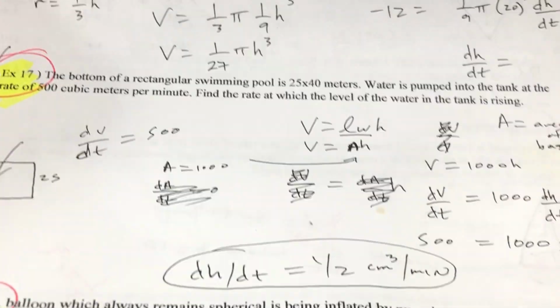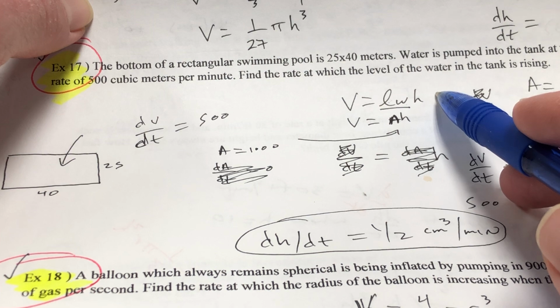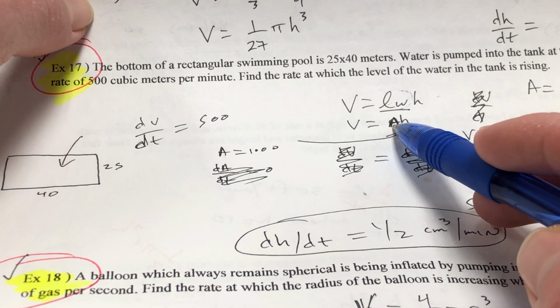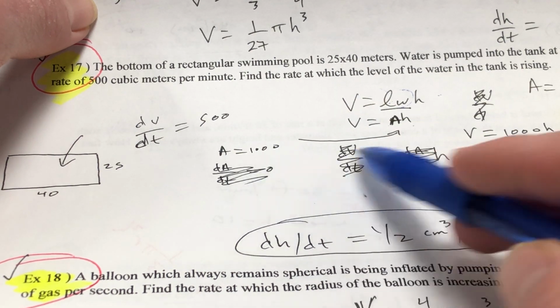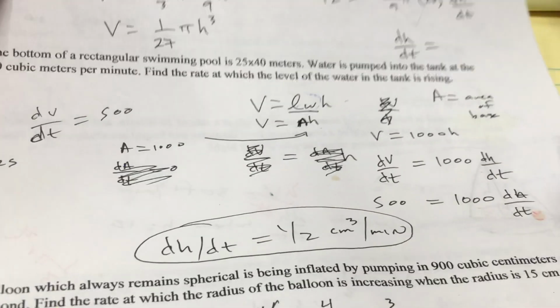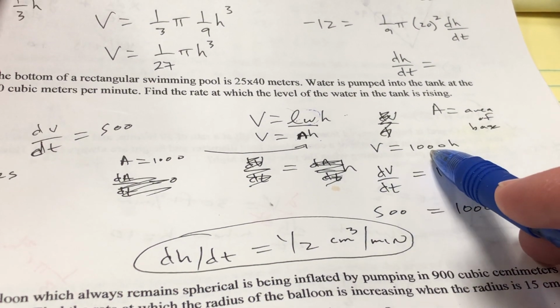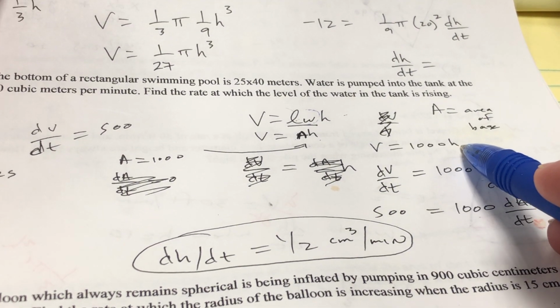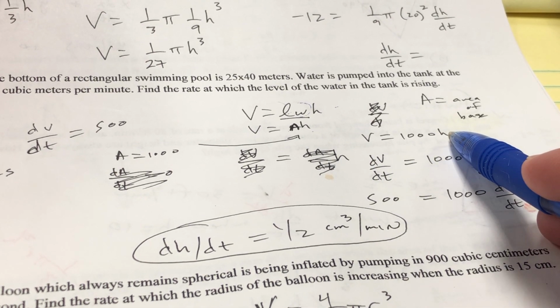The area of the base is constant here. Volume is length times width times height. Length times width is the area of the base, so volume is area of the base times height. The area of the base is constantly 1,000. So really my formula is just volume is 1,000 times the height. So dV/dt is 1,000 dH/dt.